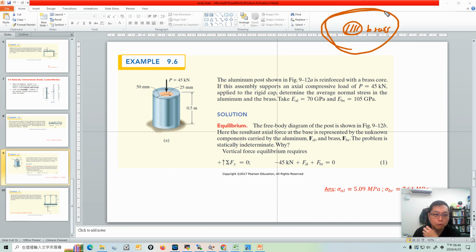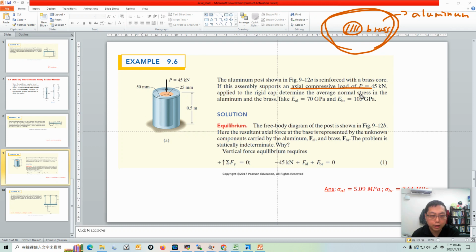Maybe it doesn't look like a circle, but just the shell is aluminum. It's a coaxial bar.